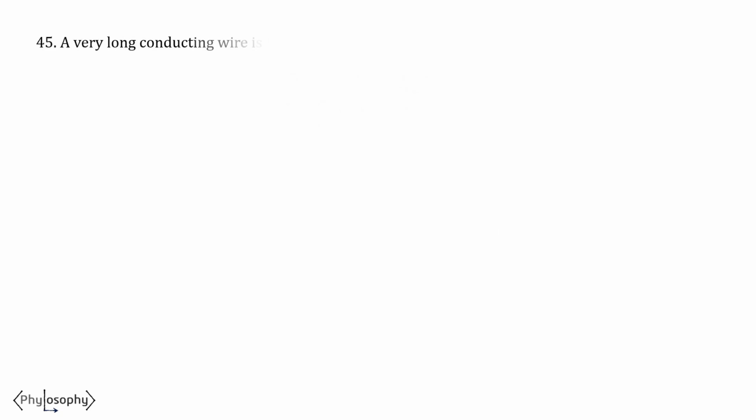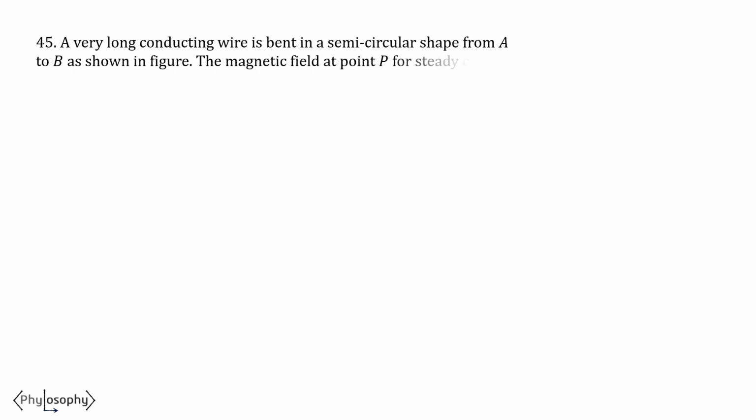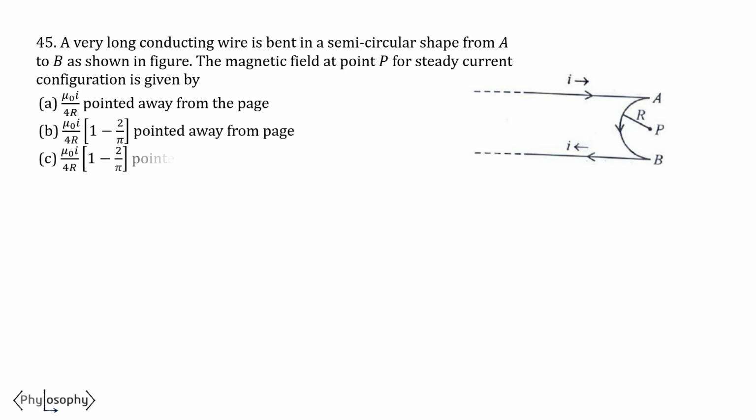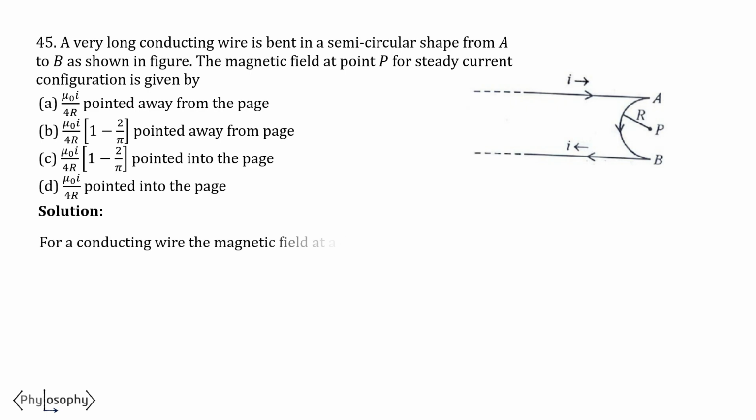Our next problem is: a very long conducting wire is bent in a semicircular shape from A to B as shown in the figure. The magnetic field at the point P for steady current configuration is given by. We know that for a conducting wire, the magnetic field at a distance r is given by B is equal to mu naught I by 2 pi r.